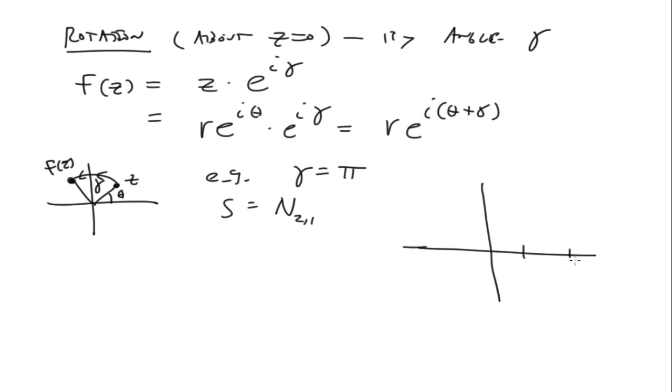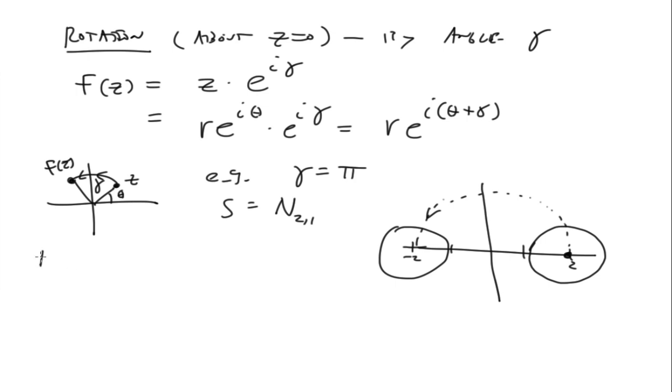I go out 1, 2, and I have the set like this. That's my neighborhood around the point 2. Now I'm going to rotate it by pi. So what would we do? That's 180 degrees. We move it around to negative 2, and my new set is there. So that would be a rotation in the plane.